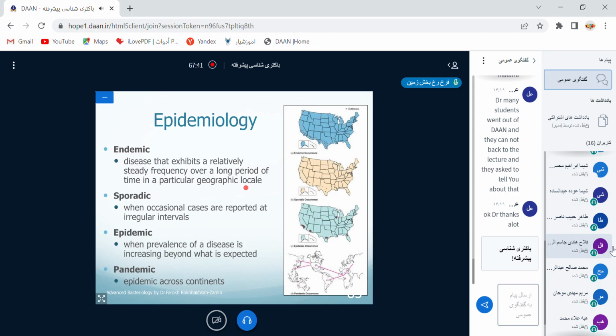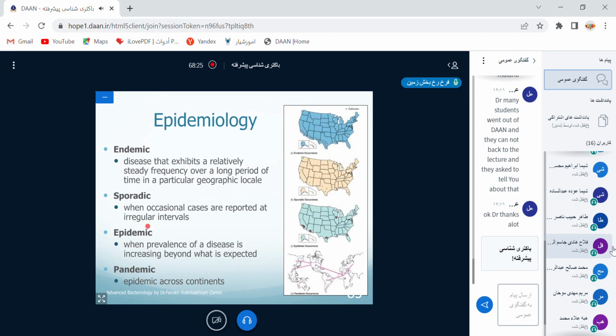We don't mean high or low. If one infection, high or low, no difference, is present for a long time in one place, that infection is endemic in that place. Sometimes it can be a part of a country, sometimes it can be a whole country, or some different countries. This is what exhibits a relatively steady frequency over a long period of time in a particular geographic locale.